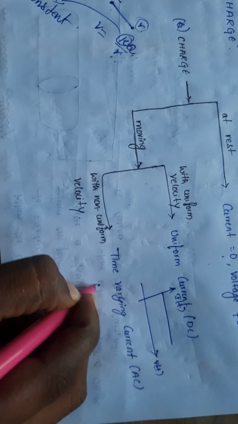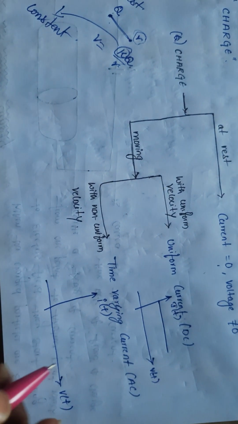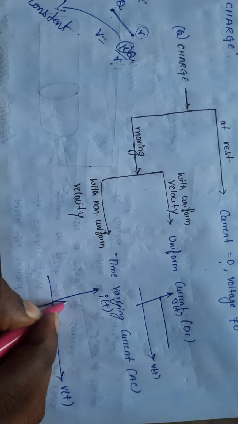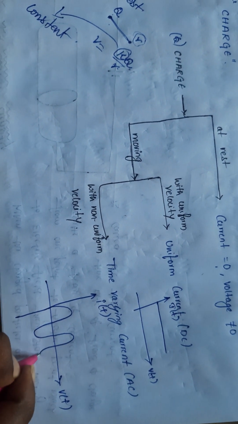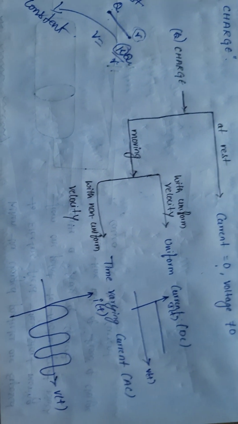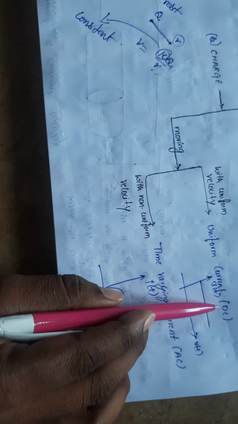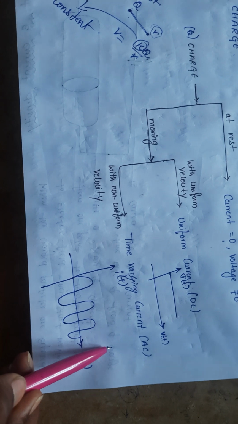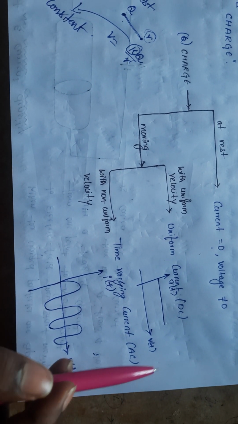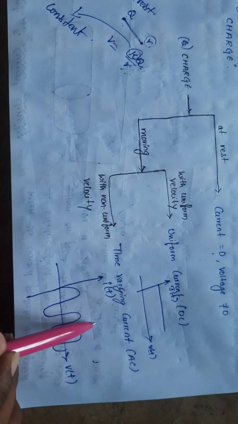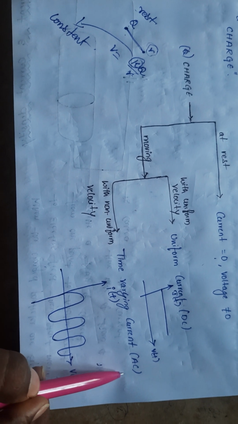So this current is like this. AC waveform. This is the DC current and this is the AC current. In the first chapter we will discuss DC, and in the fifth chapter we will discuss AC.